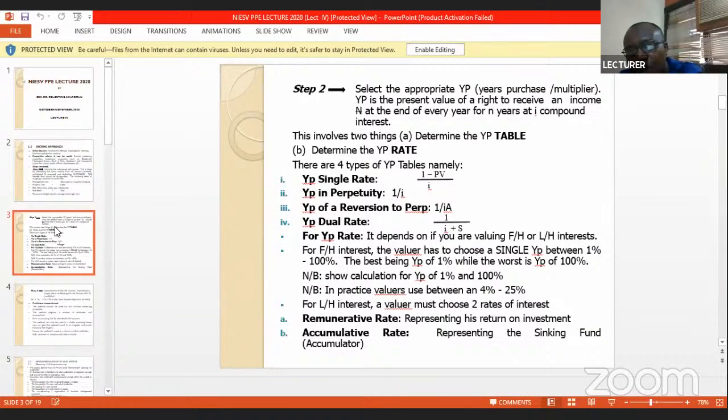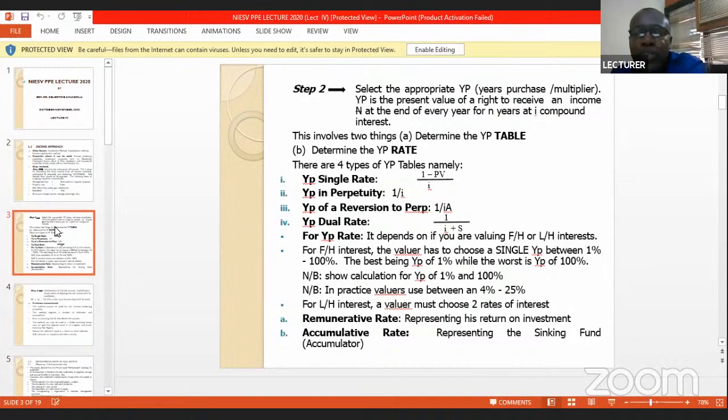That is the best YP you can ever have. But if the rate is 100%, then you do 1 over 1 multiplied by 100 over 100. When you cancel out, the result is 1. And you see that 100% gives us the worst YP.